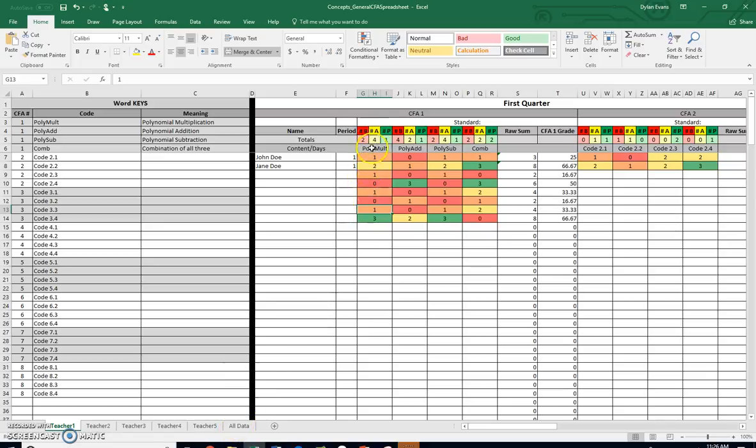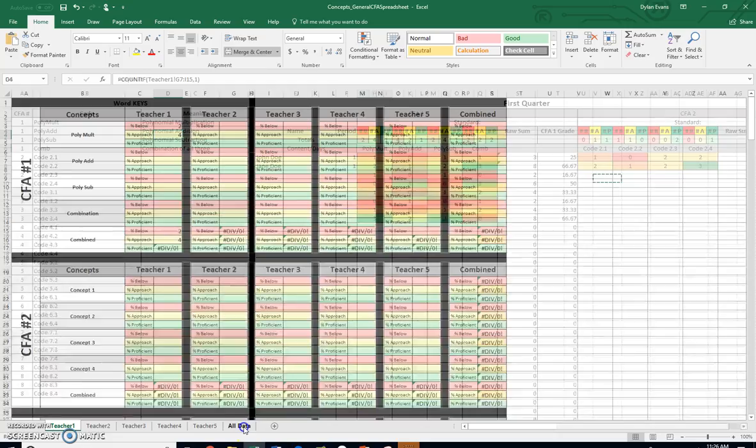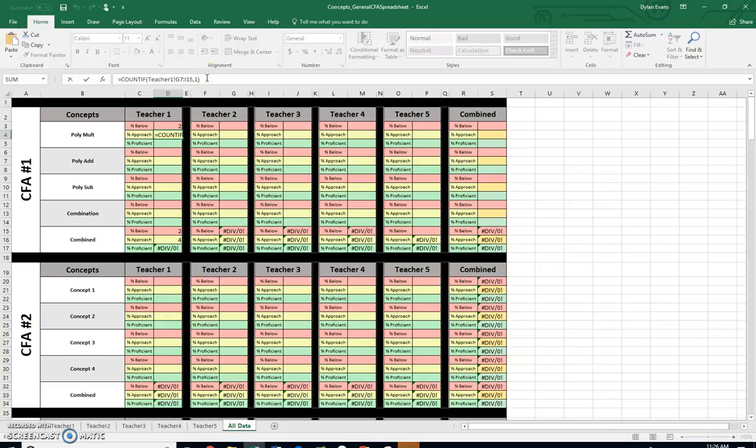So that's what we consider to be approaching. But since there are 3 problems attached to this concept, I also consider 2 questions to be approaching. So I want to go up here and add the same exact function, but I want the criteria to be 2. I hit Enter.